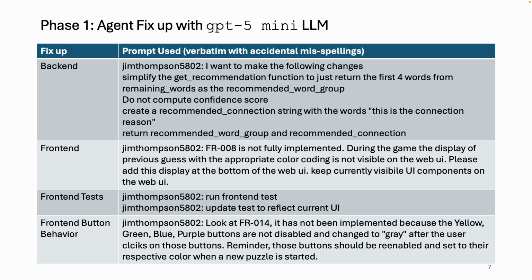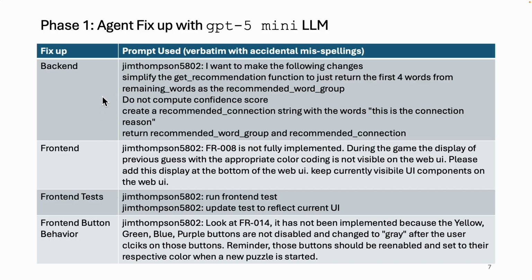To address these issues, I used VS Code Agent Mode with GitHub Copilot powered by GPT-5 Mini LLM to fix both back-end and front-end problems. The prompts shown in the table were used verbatim, including the small misspellings, which demonstrates the resilience of the agent in handling imperfect input. As a result, we accomplished the following.